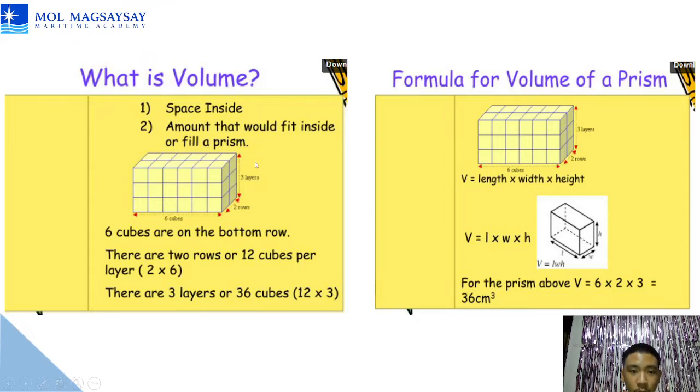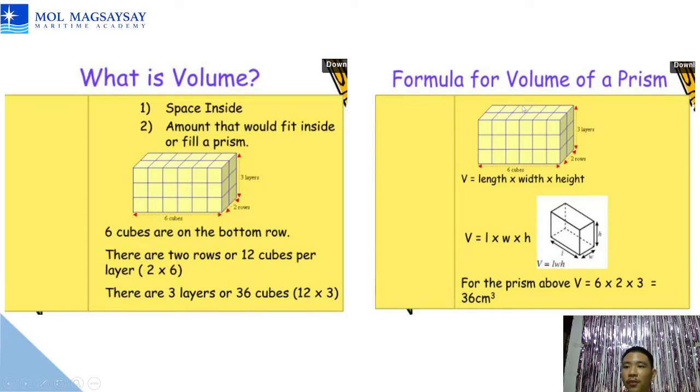So as you can see here, we have 3 layers, 2 rows, and 6 cubes. 6 cubes are on the bottom row. There are 2 rows or 12 cubes per layer, 2 times 6. There are 3 layers or 36 cubes, which is 12 times 3.